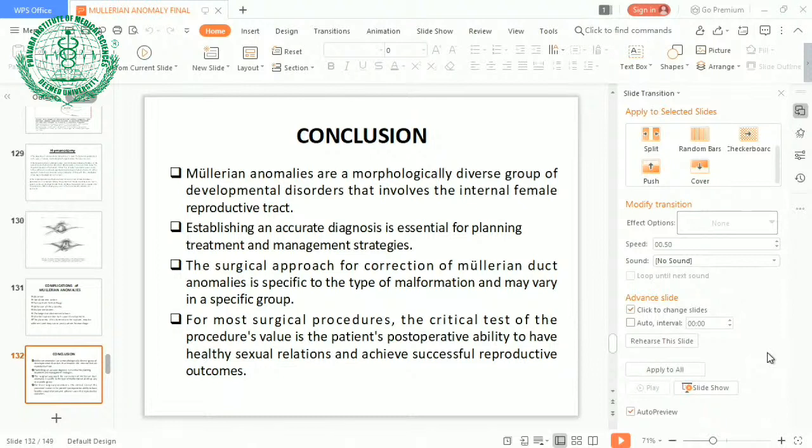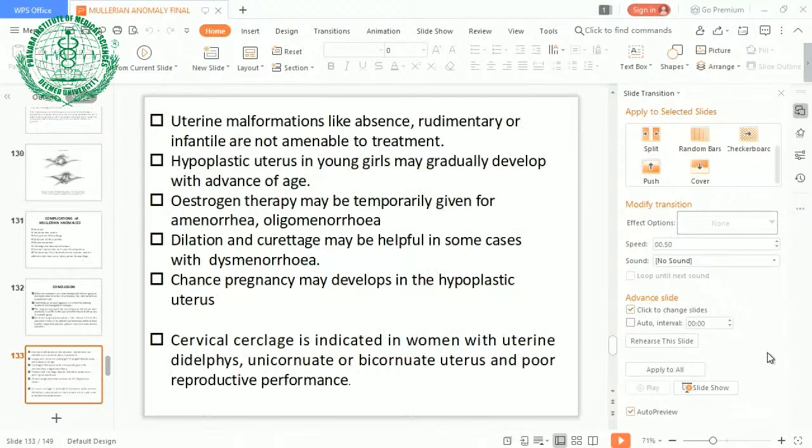For most surgical procedures, the critical test of procedural value is the post-operative ability to have healthy sexual relations. Uterine malformations like absence, rudimentary or infantile uterus are not amenable to treatment. A hypoplastic uterus in a young girl may gradually develop with advancing age. Excision therapy may be given.